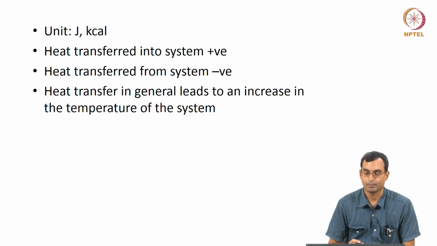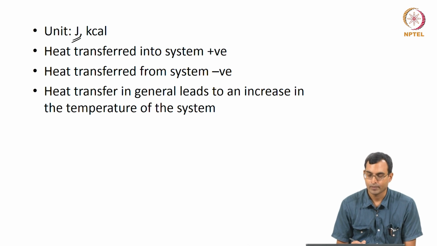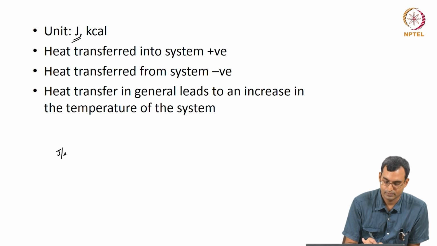It is a little messy because we may not remember where to put it in and where not to. So, we are going to use joules more or less exclusively as the unit. The rate of heat transfer has the unit of joules per second, which is essentially watts.